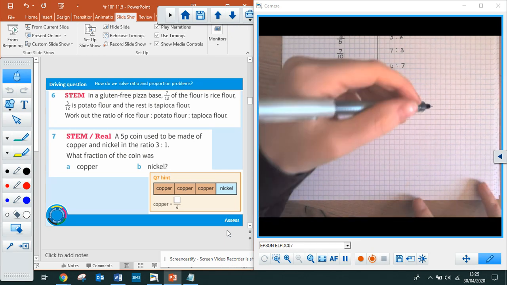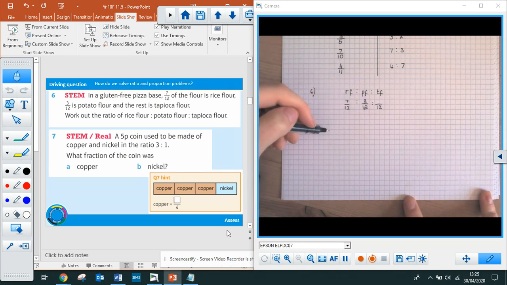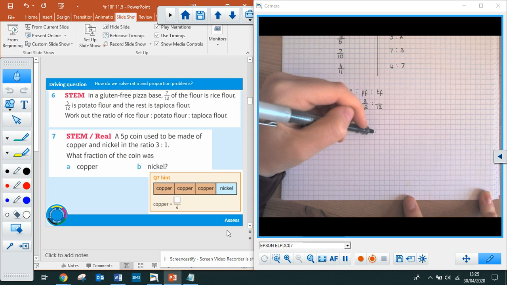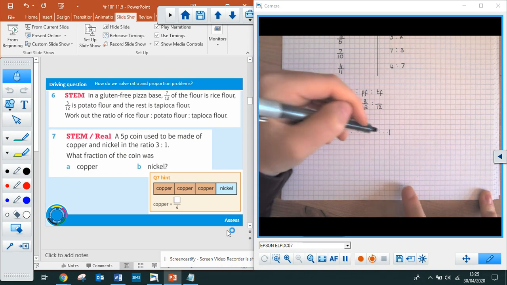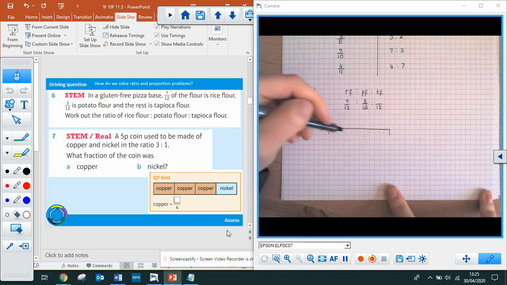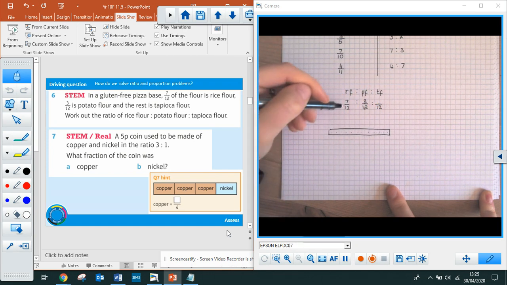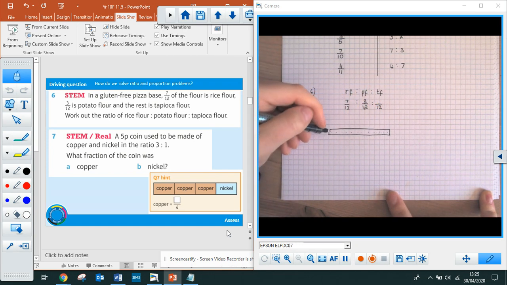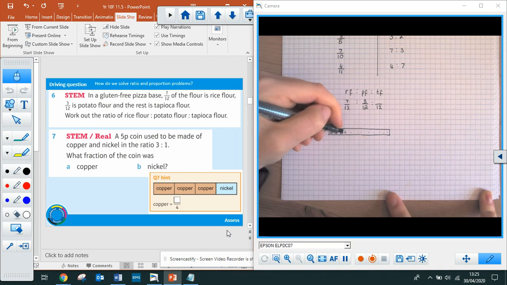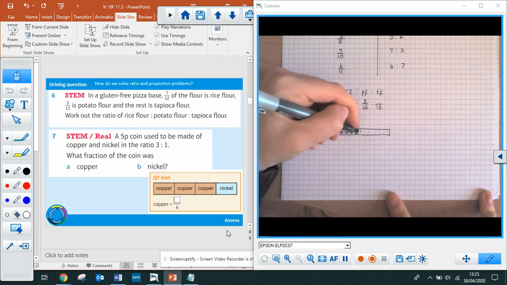Okay, so if you wanted to use a bar model, you would need 12 parts. Let's go 1, 2, 3, 4, 5, 6, 7, 8, 9, 10, 11, 12. You'd need 12 parts in your bar model. Of that, you know 7 are rice flour. 1, 2, 3, 4, 5, 6, 7.